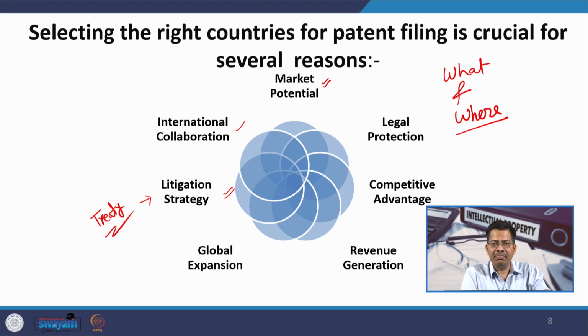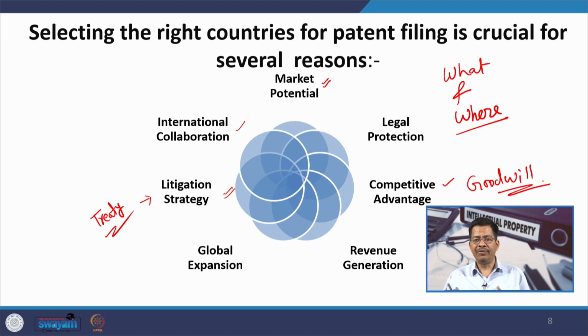Global expansion is also a reason, because I want to go to different markets, even if the market is not there, but under my expansion strategy I can go for filing of IP in different countries. It can provide me a lot of competitive advantage. I mentioned goodwill, etc. You get higher goodwill if you have international patents.